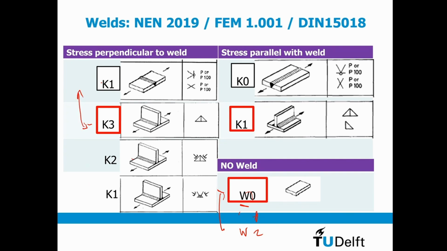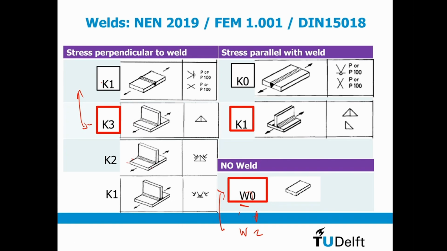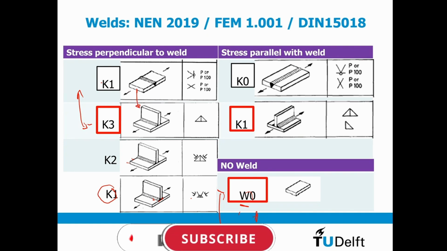If I grind it, I can get from this detail to this one, which is ground. If I do full penetration and grinding, I have K1. And if I have a detail not like this but like that, the type of stress concentration is also there. But you see also here, every standard reproduces the effect of the stress direction and the weld quality in a different way.